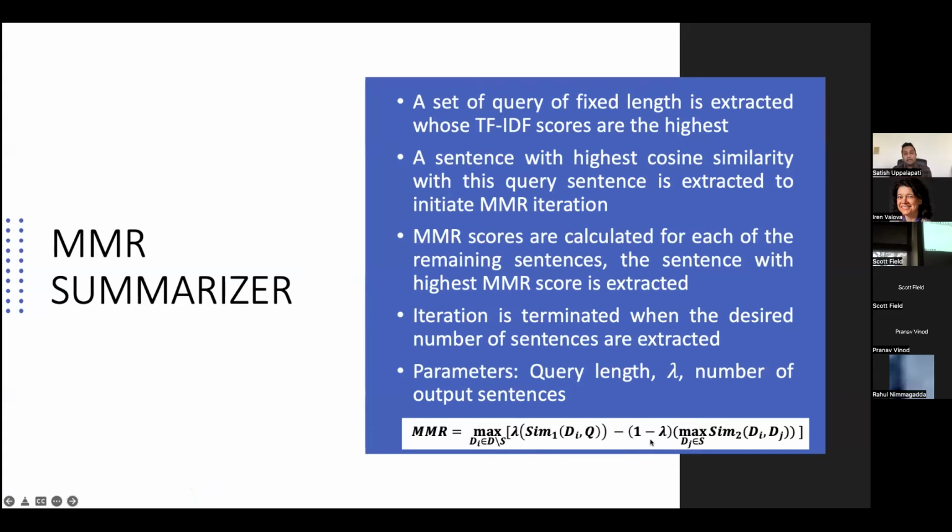And finally, the iteration is terminated when the number of sentences in the final summary matches the required number of sentences. For example, it's 4 or 5 sentences. And I've also reordered the sentences so that the original order of the sentences is maintained, which gives a natural flow to the summary.